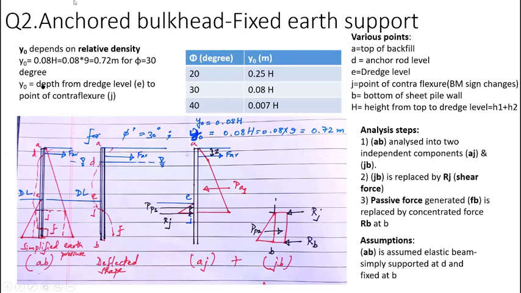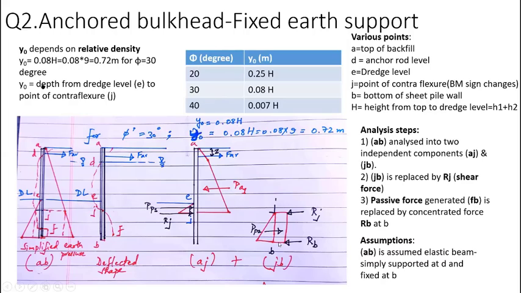Okay. So we have broken the analysis of AB into AJ, and then from J to B. So this is the shear force. So the effective shear force in opposite terms RJ, and this is the triangular distribution.